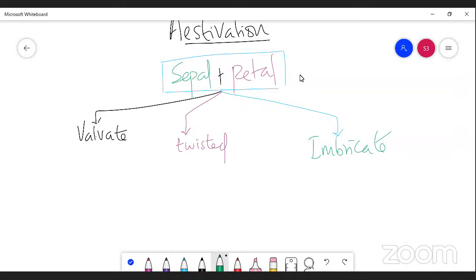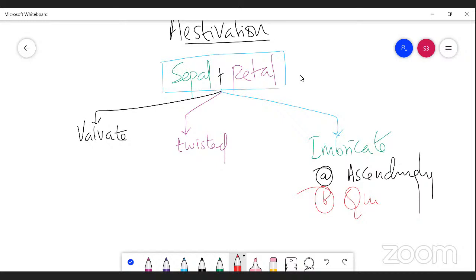This imbricate aestivation is further classified into the following types.